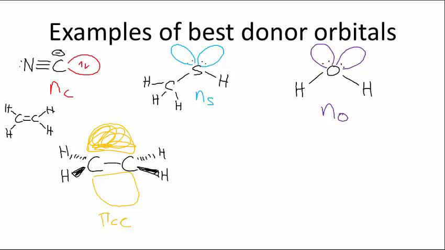That's a decent donor. It turns out that other pi orbitals, when you have an electronegative atom, that usually drags the energy down enough to where they're not particularly good donors.